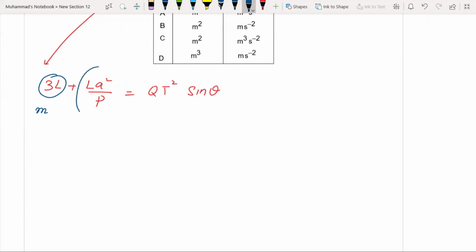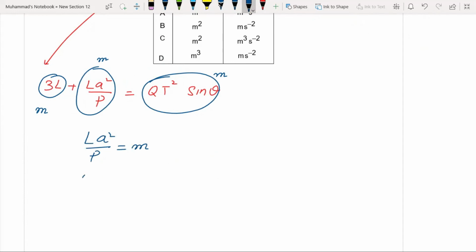So this term should also have SI base unit of meter, and this term should also have SI base unit of meter. So L A square over P equal to meter, and you know that L is meter, A is internal radius, so that is also meter square over P equal to M.